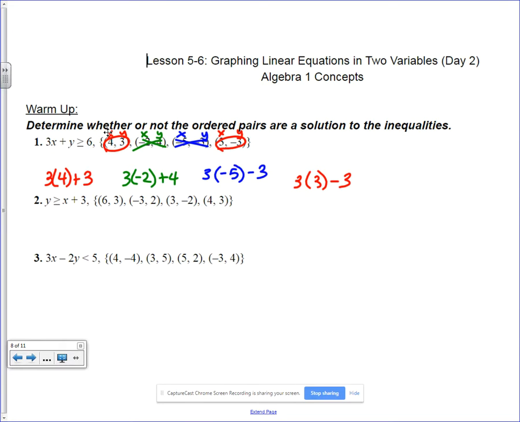So now type this side in and see if it is less than 5. Yep, that's good. How much did you get? No, it's less than 5. Yep, that's what it said there, right?